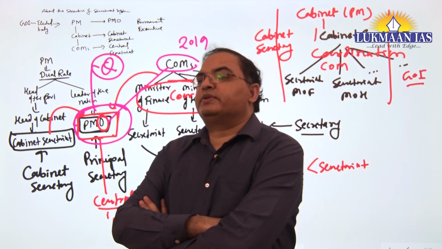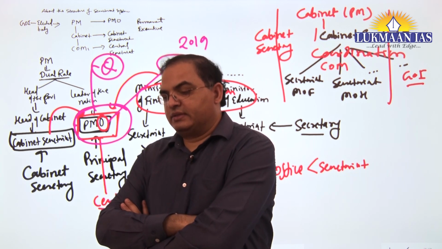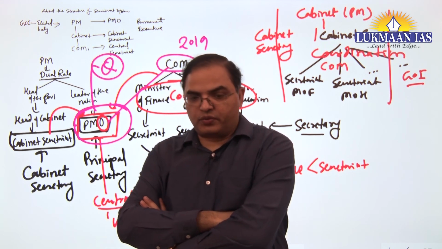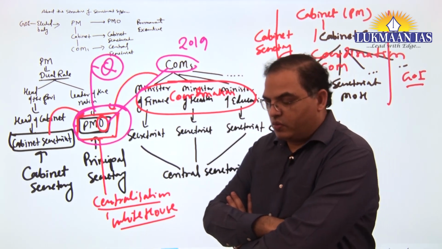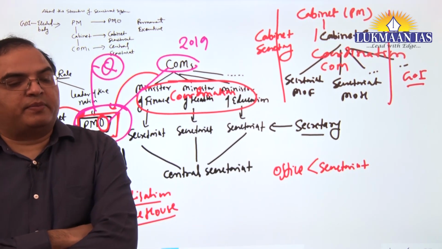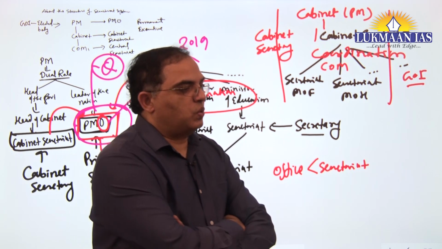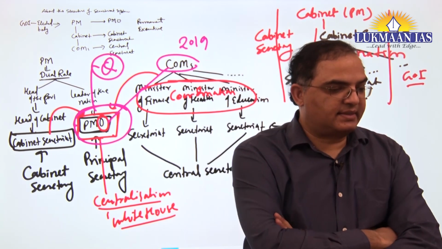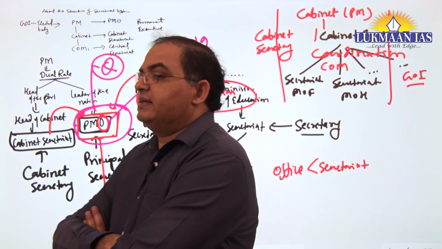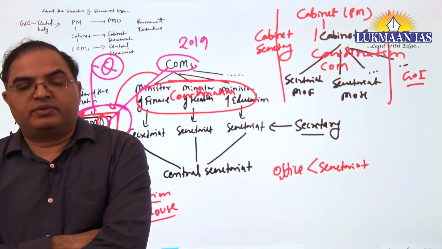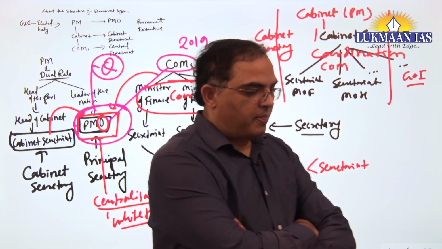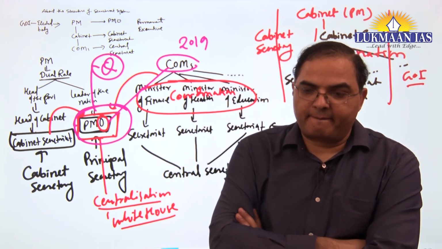If it happens, then it is a Whitehall model of UK. But if PMO starts playing dominant role among the secretariats, it is a manifestation of US presidential system of White House.